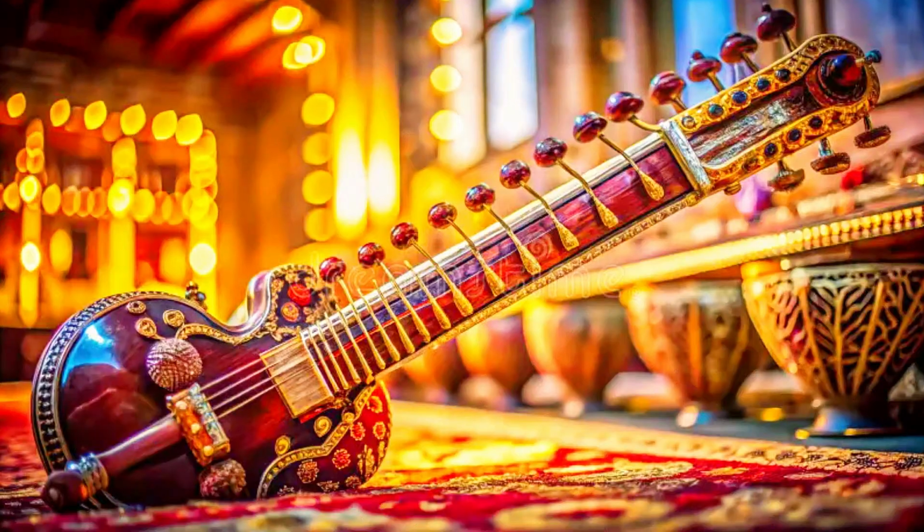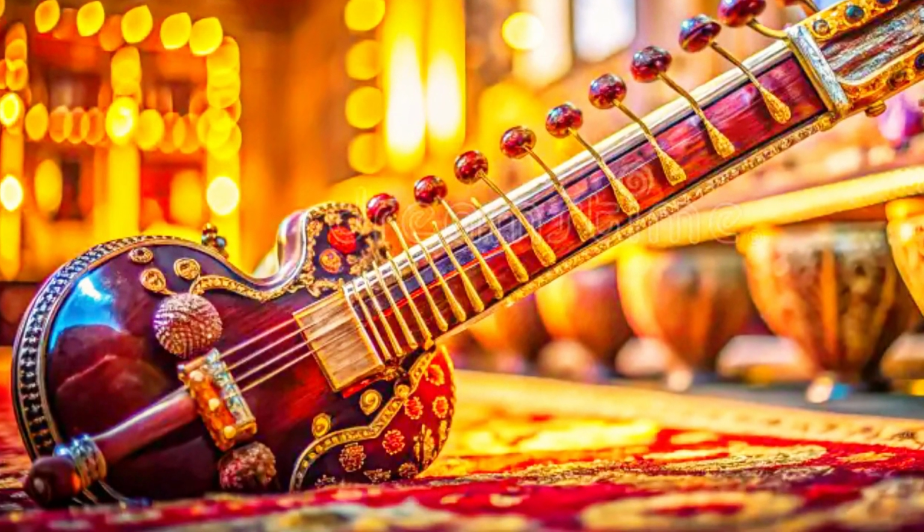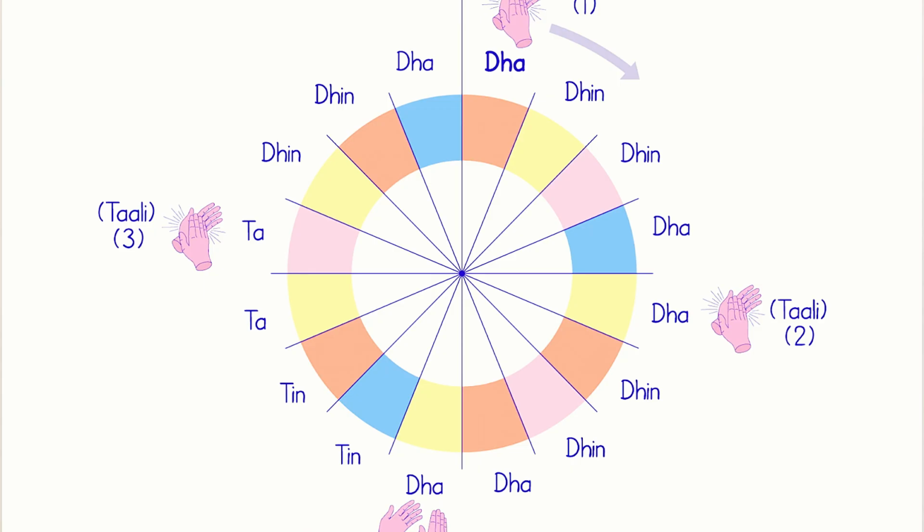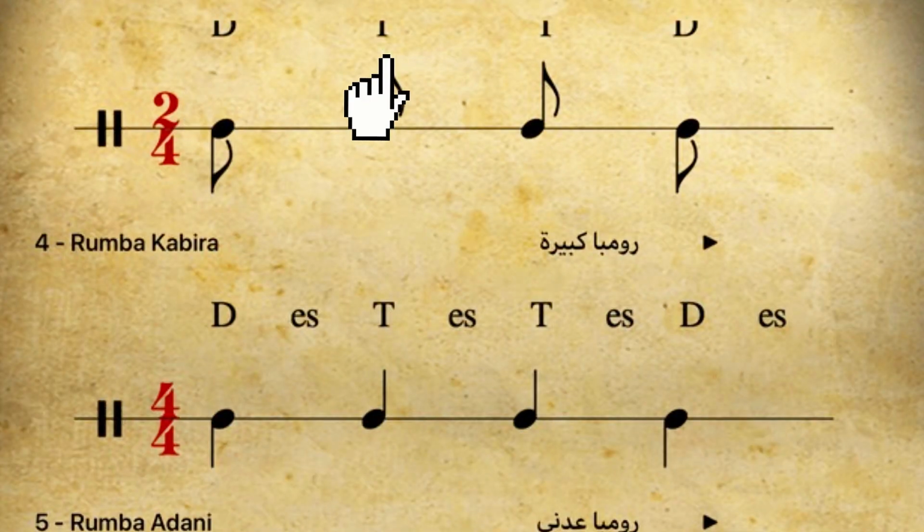Then in non-Western traditions, rhythm works differently. Indian classical music uses the concept of matra, which means the smallest rhythmic unit, inside a tala, which is a cycle of beats. If you watch my other video, I've talked about this. And Arabic and Middle Eastern music uses rhythm cycles with a specific pattern of long and short beats.